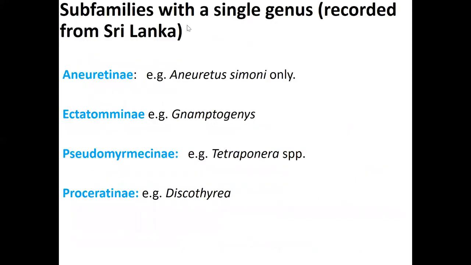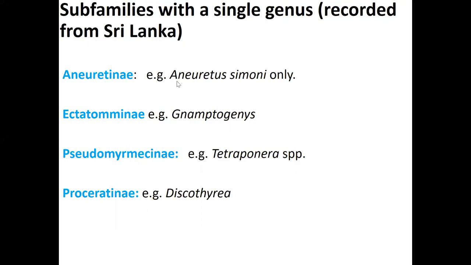Now moving on to subfamilies with a single genus. So first I will introduce subfamily names together with how many genera are included in each subfamily recorded from Sri Lanka, right? So the subfamilies with a single genus recorded from Sri Lanka: one, Anuretinae. In the Anuretinae subfamily, Anuretus simoni is the only extant species, that is, living species.